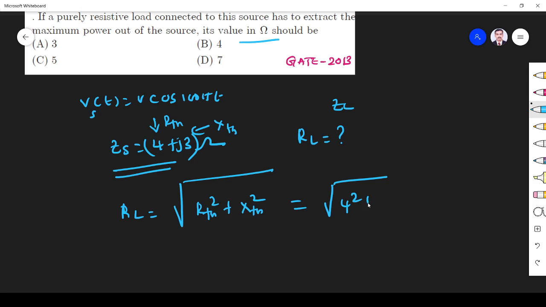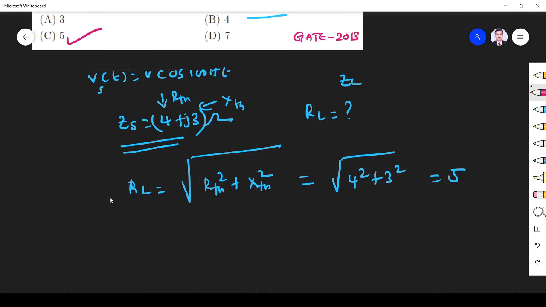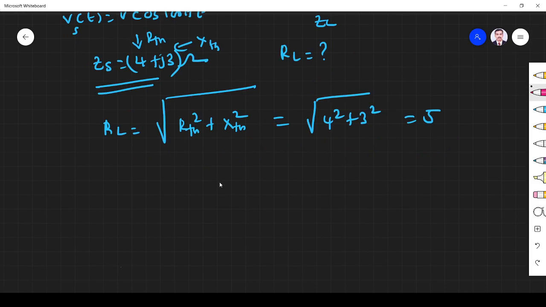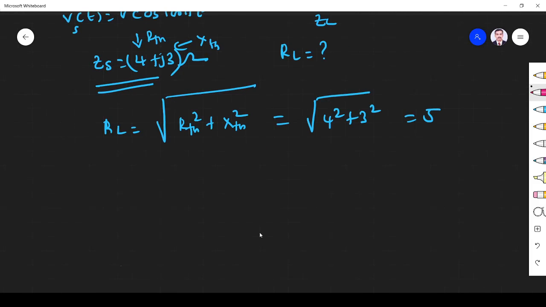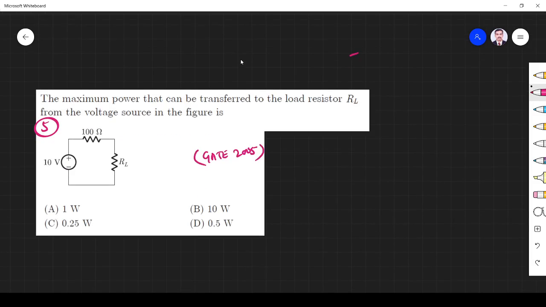So 4 square plus 3 square, the root of that is equal to 5. So that is the answer: 5 ohm. If a pure impedance were connected, it must be 4 minus j3, right? That's what problem number 3 says. Right now a purely resistive load is connected, so the load resistance must be equal to the root of R square plus XTH square.